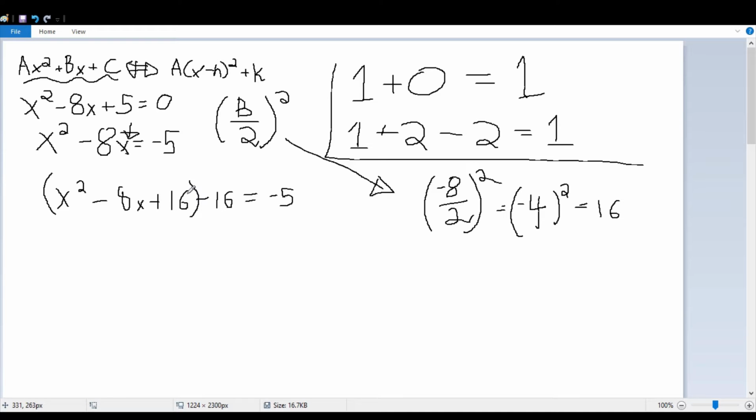Now, this can collapse. Remember looking at that square. Essentially, it's going to be x plus b over 2. So what is b over 2 in this case? B over 2 is this negative 4 over here.